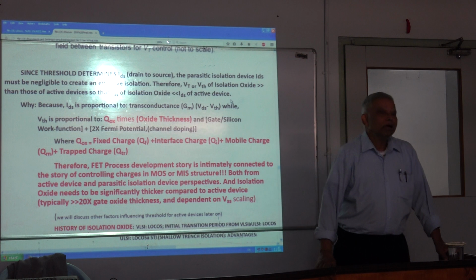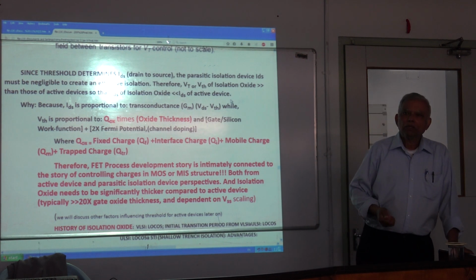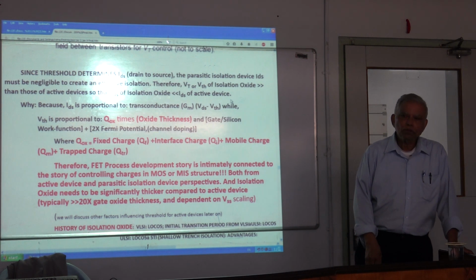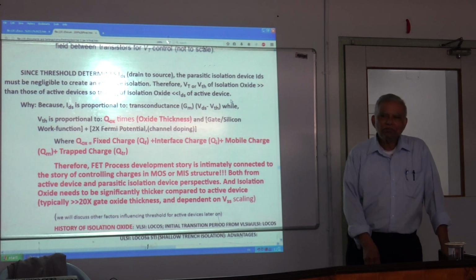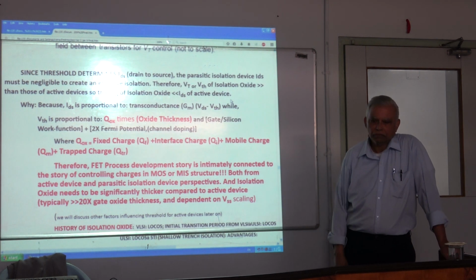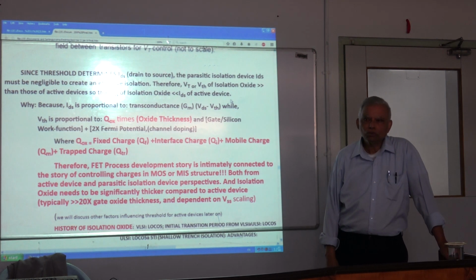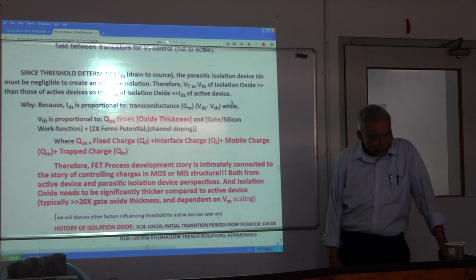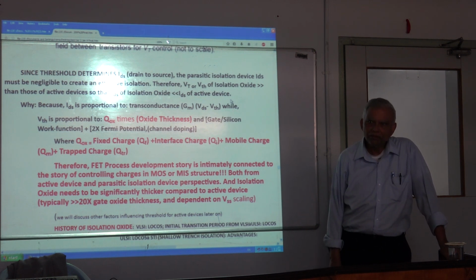So you have to make sure that no parasitic effect of any significance takes place to make an effective isolation, which means that even in the worst situation, the leakage through that parasitic device would be at least 3 to 4 orders of magnitude lower than your active device.